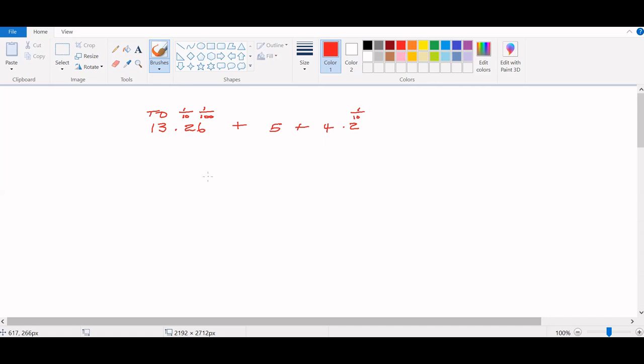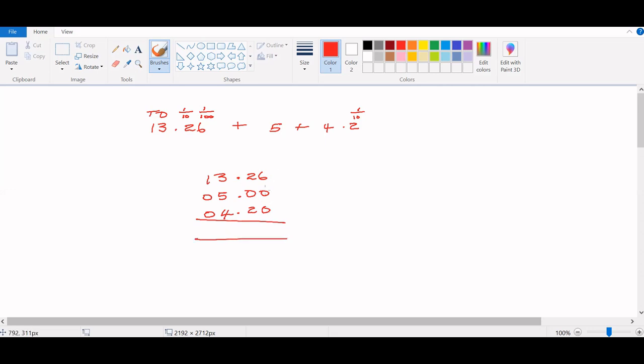So that will help us to line it up easily. So 13.26, 5 doesn't have any decimal fractions, and 4 point, and this 2 is in the 1 over 10 column, right? So now we can fill in the rest of our columns that don't have anything, when I put the point for the 5, with zeros.